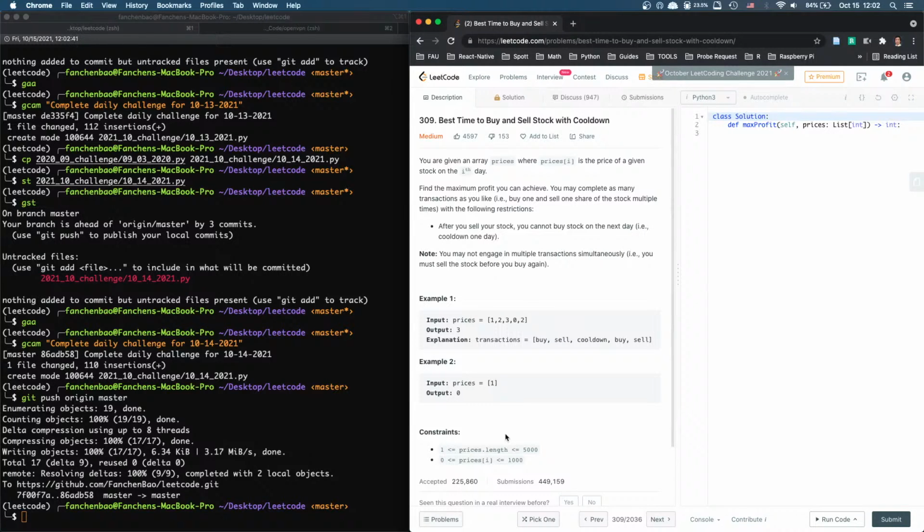Last one's 2, so we can buy. So 2 minus 2 is 0, so 1 is still bigger. And then empty state, going to move up. Empty state is 2. And the cooldown state is from previous 1, and then we sell, so it's 3. So the result is 3.